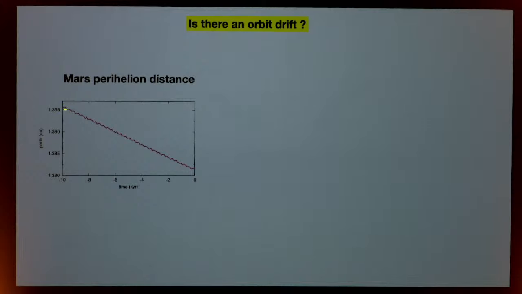So you see, the perihelion distance is diminishing, and it's diminishing in a strong way, about 1/5,000 of an AU in 10,000 years. If you make a rapid count, you find that there will be a collision with the Earth in, as he says, 250,000 years. This is true.